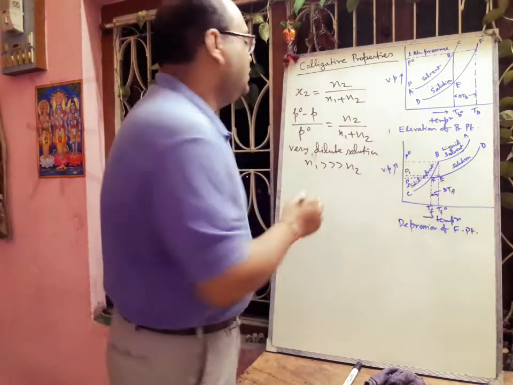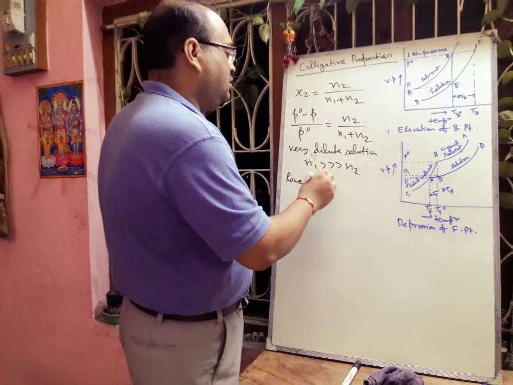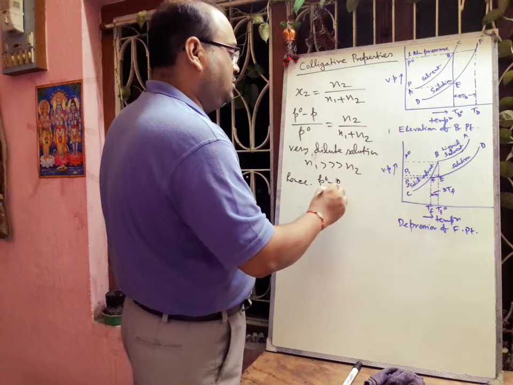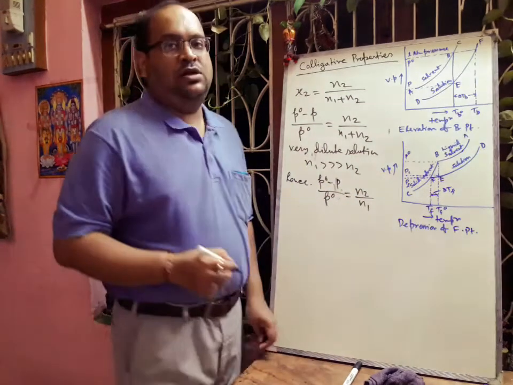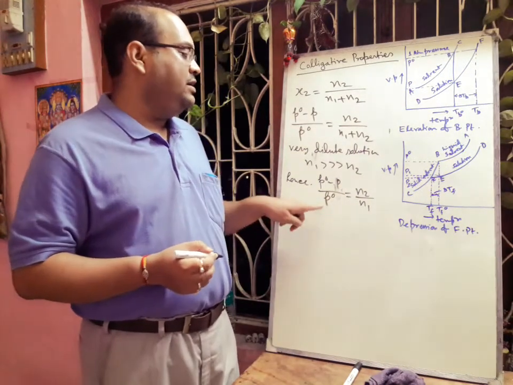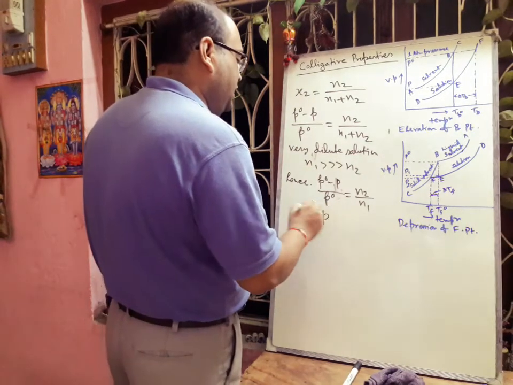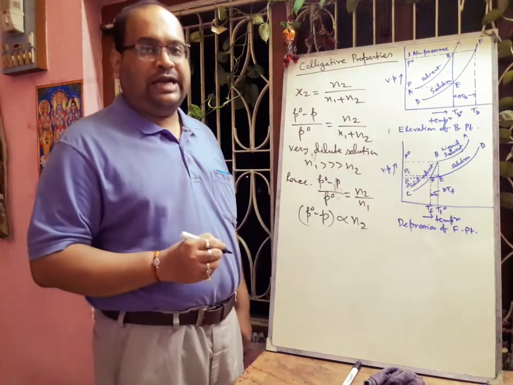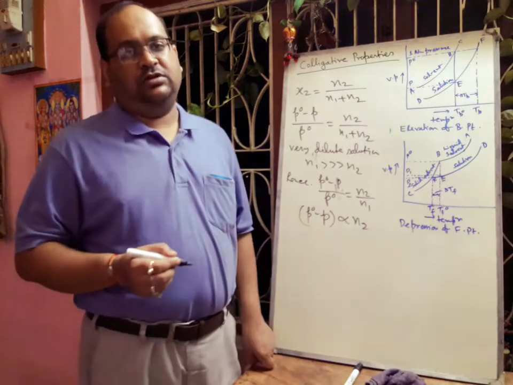Hence we can write that the relative lowering of vapor pressure, P0 minus P by P0, is equal to N2 by N1. For a definite quantity of solvent, both N1 and P0 are constant. So from here we can write that P0 minus P is proportional to N2. So lowering of vapor pressure is directly proportional to the number of moles of the solute.